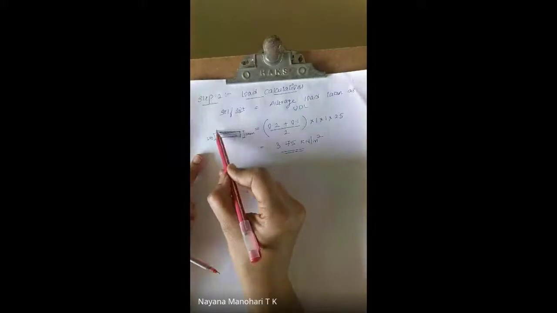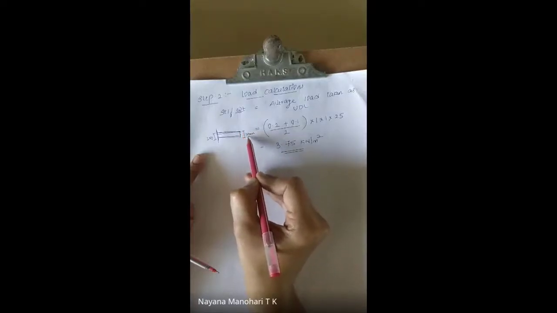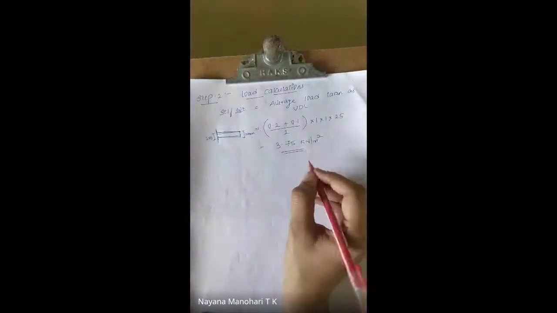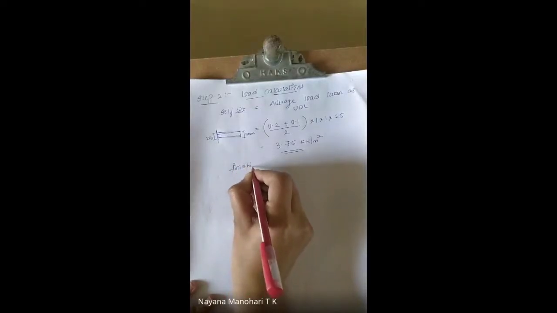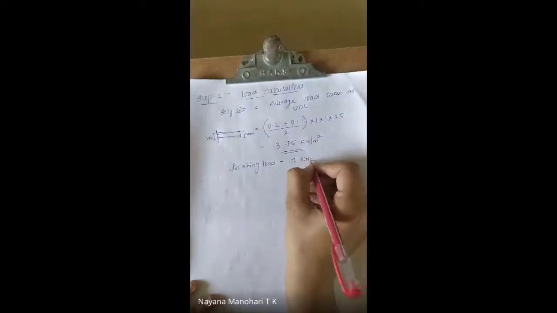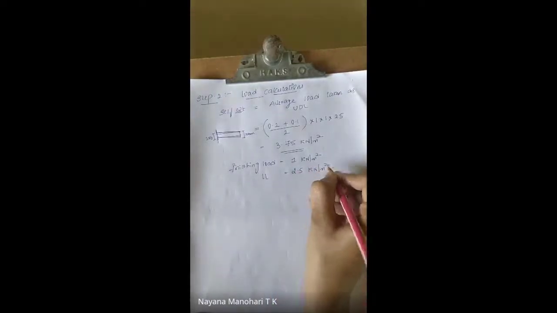Got it right? At the fixed support the depth is 200, and when it reaches the free end the depth reduces gradually to 100 mm, as we wrote in the previous step. Average of these two depths you need to consider. That is 3.75 kilonewton per meter square, and the finishing load, assume it as 1 kilonewton per meter square, and the live load they have given is 2.5 kilonewton per meter square.